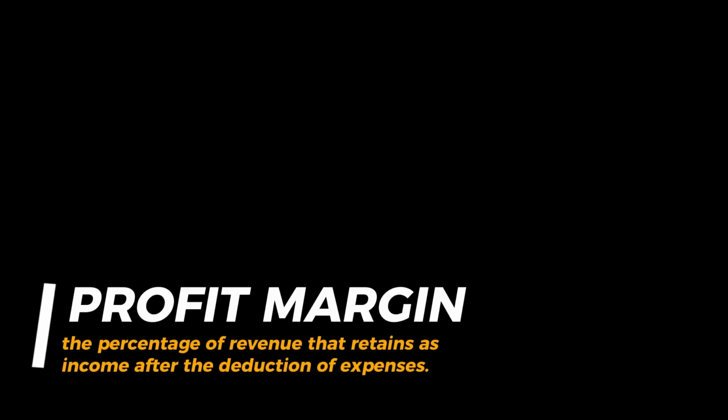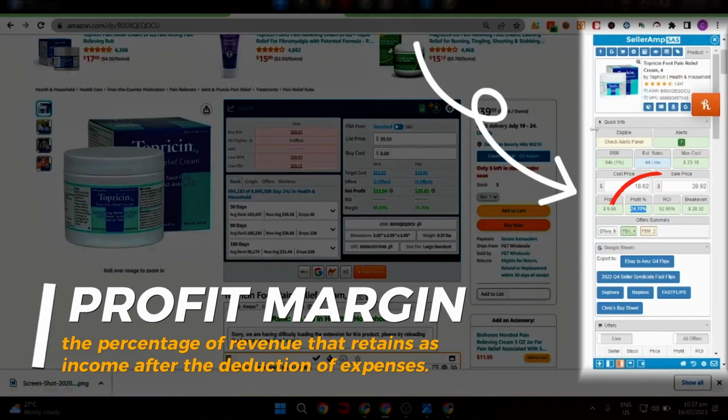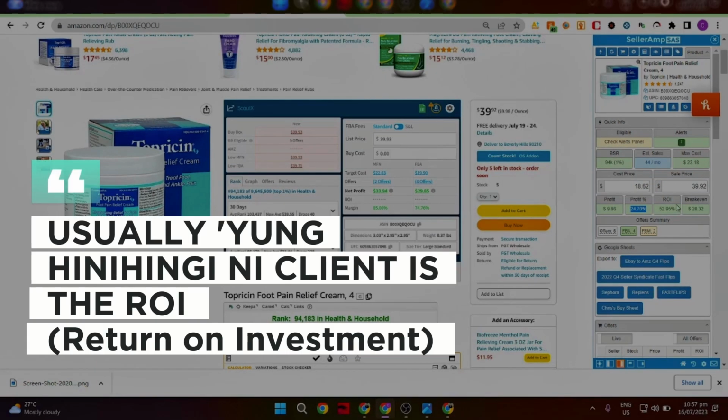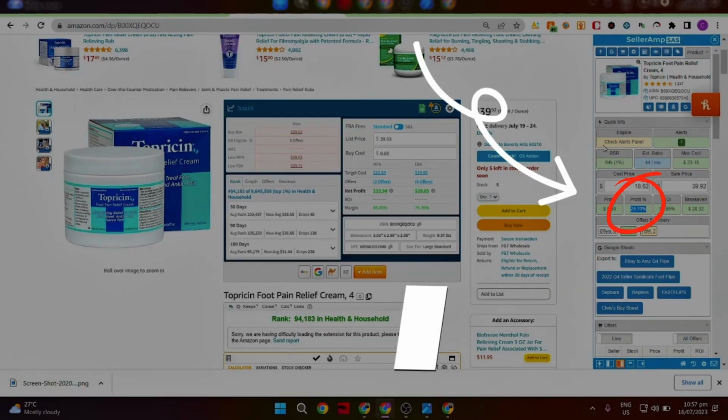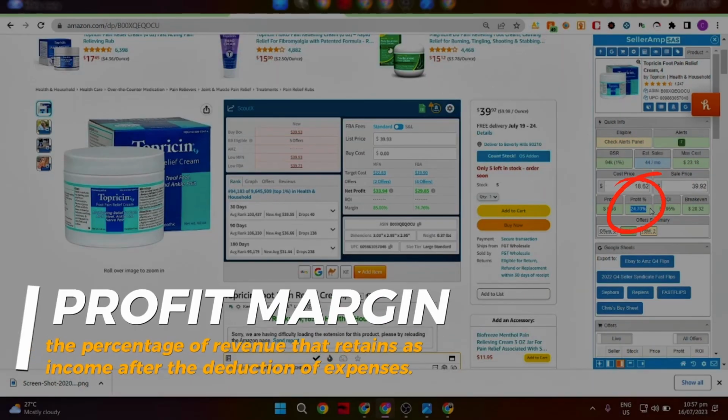Okay? Next naman is yung profit margin. Okay, yung profit margin, kadalasan hindi hinihingi ni client kung magkano yung profit margin ng mga product kung mabenta. Kasi usually yung hinihingi niya is yung ROI or yung return of investment. Okay. Pero yung profit margin, yan yung percentage ng profit natin sa total na revenue natin.